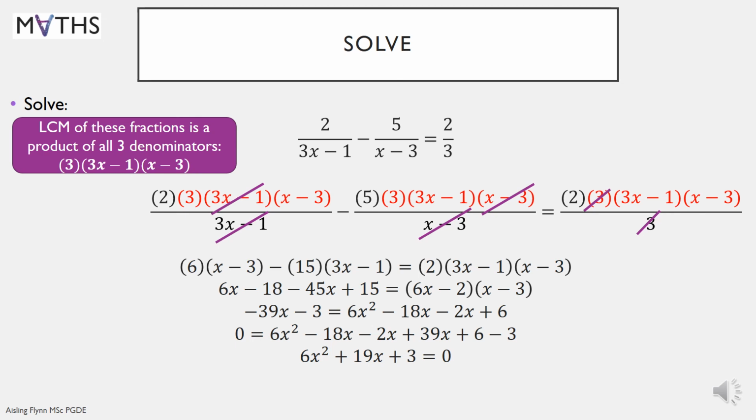So I got 6x squared plus 19x plus 3 equals 0. Again, you can pause the video and make sure that when you simplify, you get the same. Okay. Now, you can pause at this stage also and practice your factorizing and solve for x. And compare your answer to what's on the next slide.